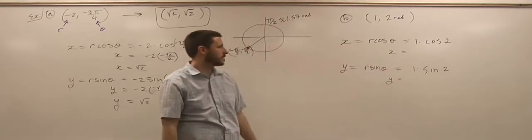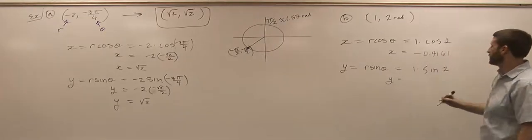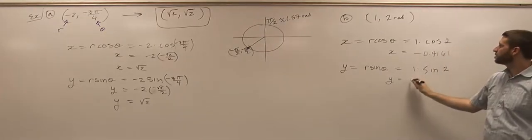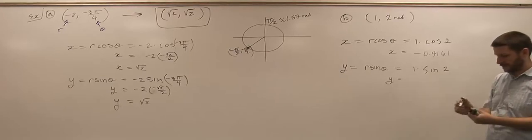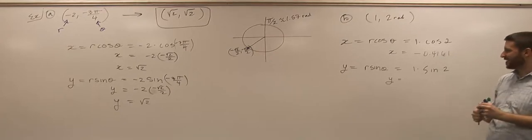Negative 0.4161. Does it matter for degrees? It does. What did you get? Were you in radians? I was not. Okay.